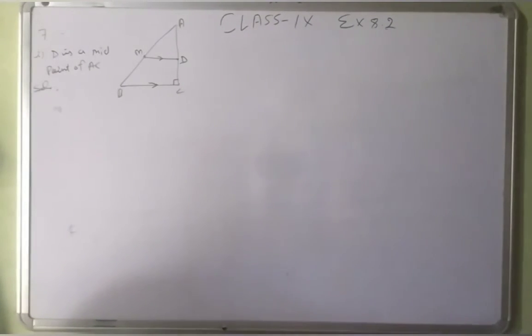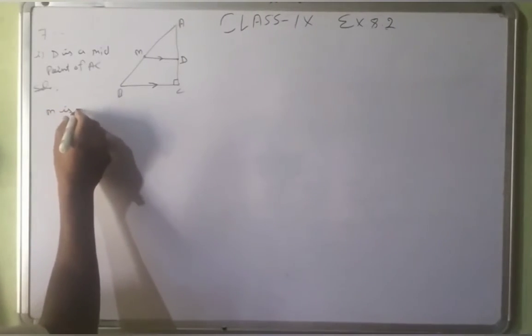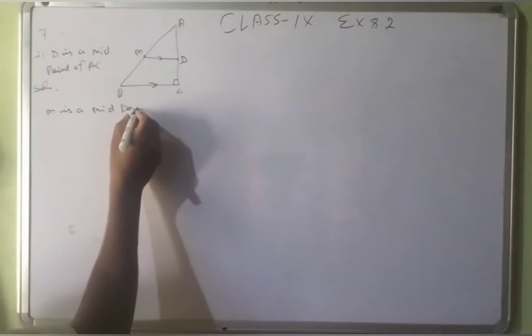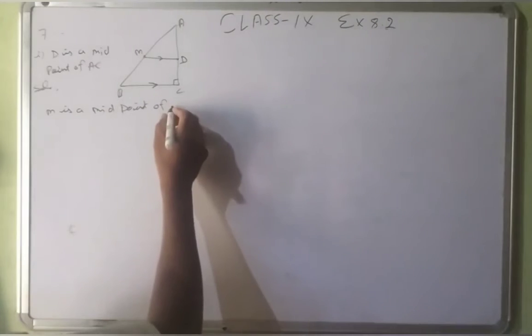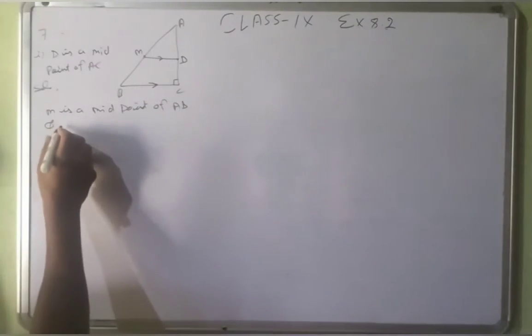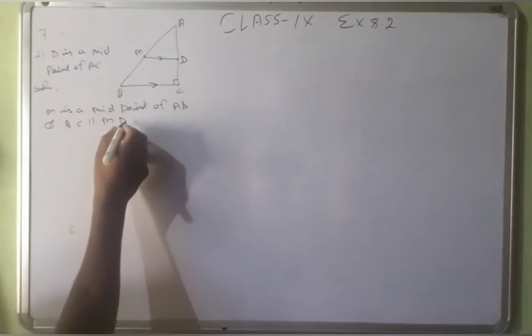Solution: M is the midpoint of AB and BC is parallel to MD.